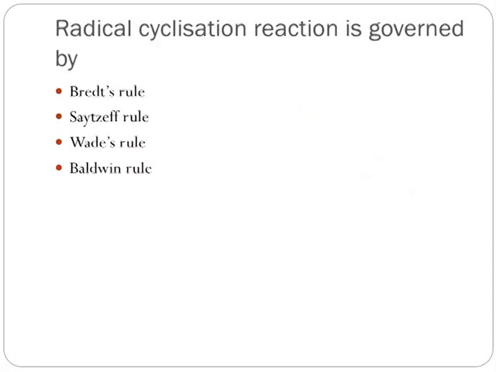Let's see the next question. Radical cyclisation reaction is governed by which rule? This type of question may be asked in NIPER JEE. So generally the radical cyclisation reaction is governed by Baldwin rule.